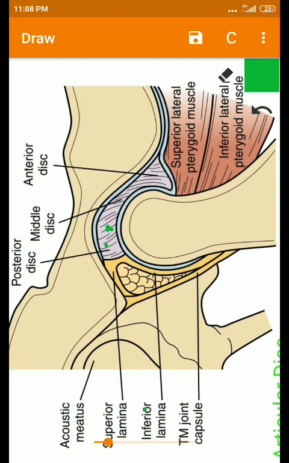As I have told, the anterior and posterior segments of the disc are vascularized and innervated.